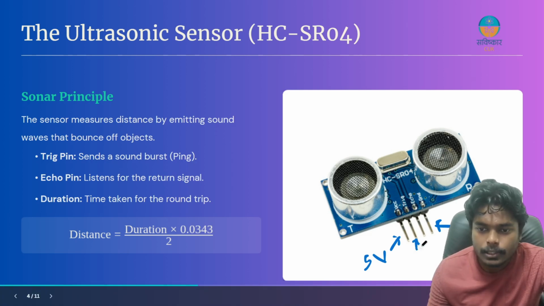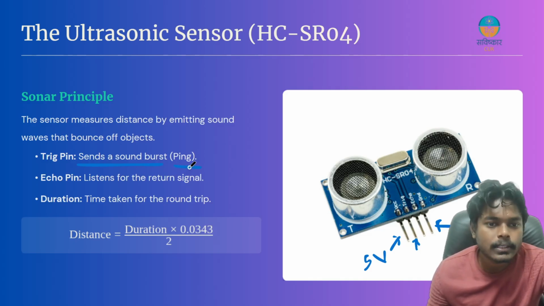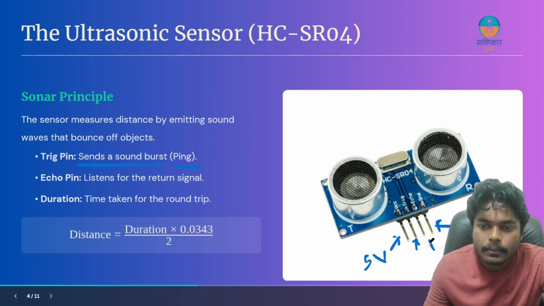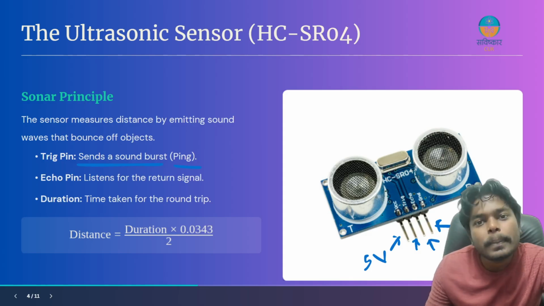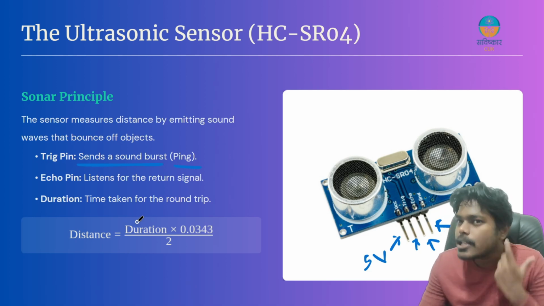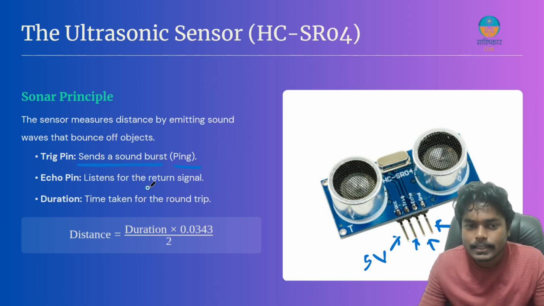One is the trigger pin, and this trigger pin is basically what generates and emits the sound burst, or we call it a ping. Okay, so it generates the sound burst and emits it into the air, and then we are having this echo pin. All right. Now, what does this echo pin do? This echo pin is like an ear, you can see, which hears or listens for the return signal.